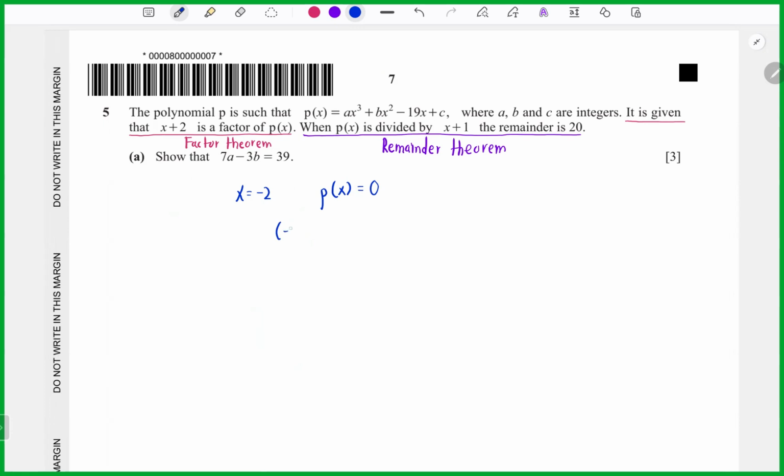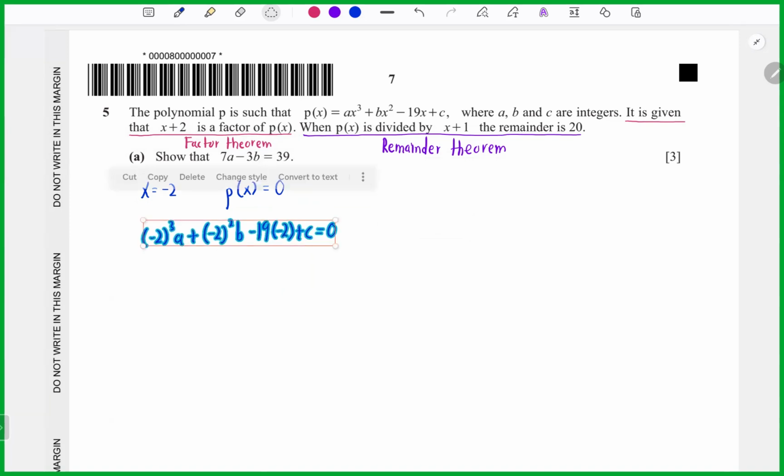You can write negative 2 cubed a plus negative 2 squared b minus 19 times negative 2 plus c equals 0. So here you can write negative 8a plus 4b plus 38 plus c equals 0. So we get this equation first.